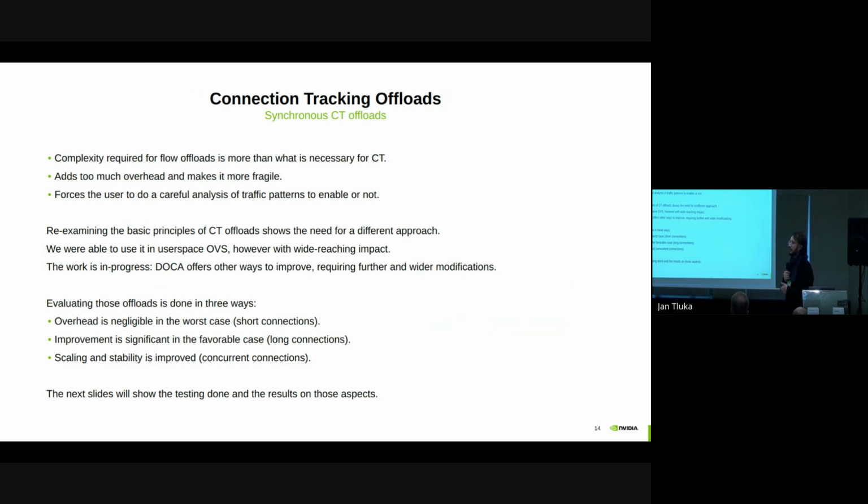That analysis is always slowing down people to make sure that they actually want to make this effort. Coming back to first principles, we find the need for a separate approach, and then we were able to do the effort of adopting it in the user space OVS.